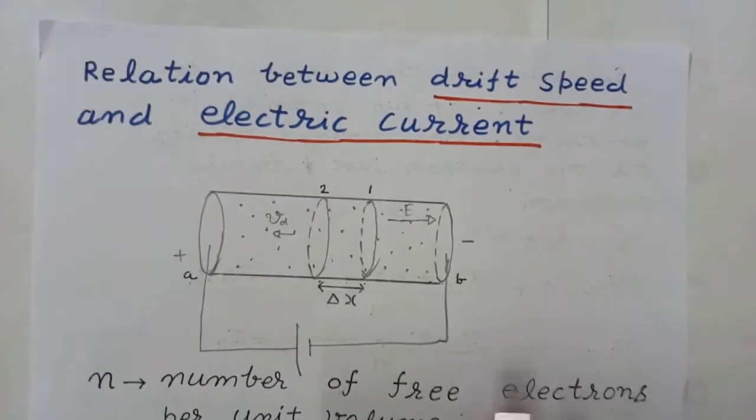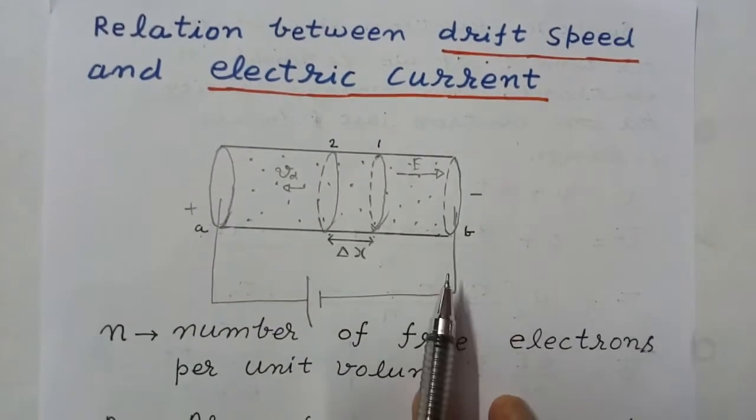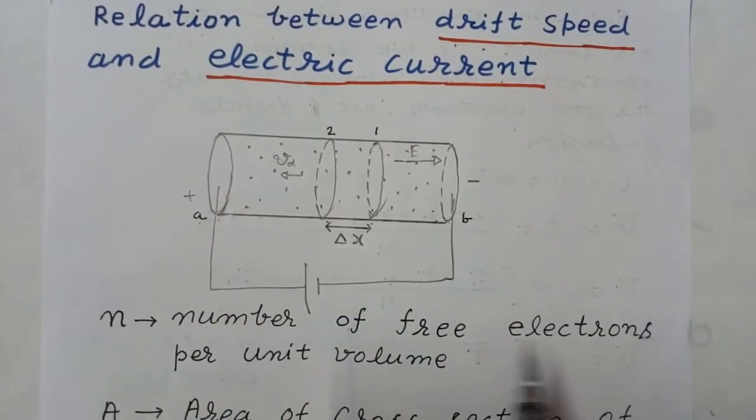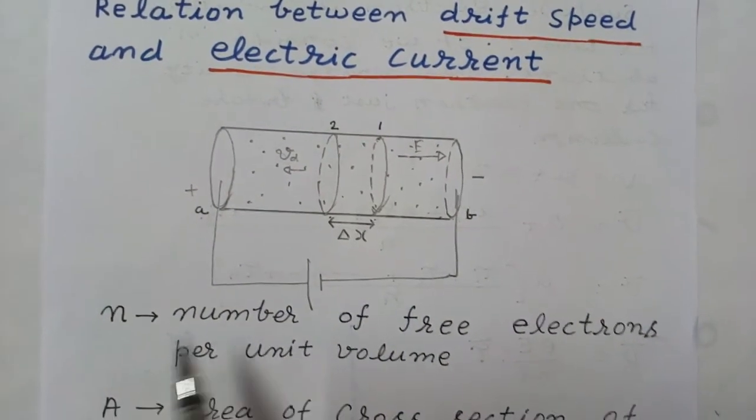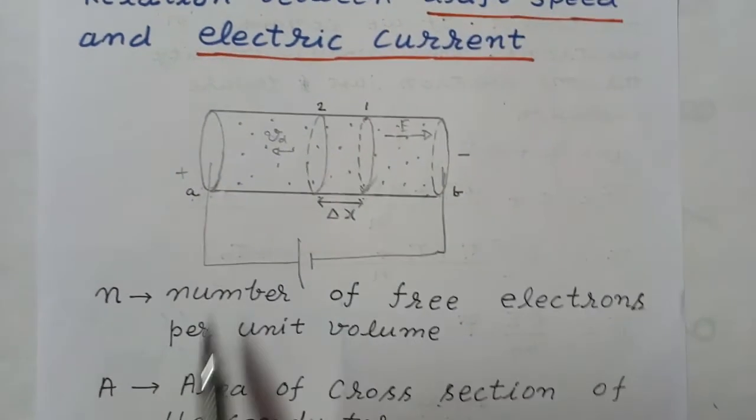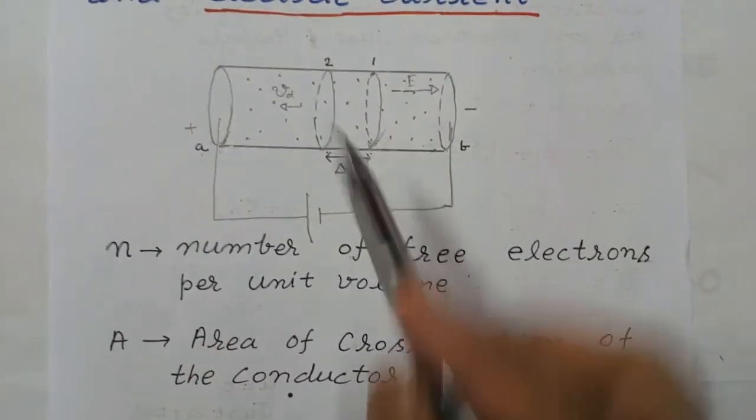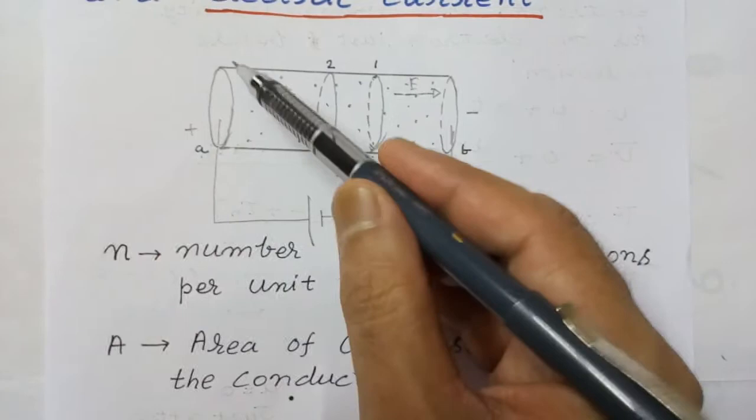Now suppose drift speed is Vd and the number of free electrons per unit volume is small n. A is the area of cross section of the conductor.